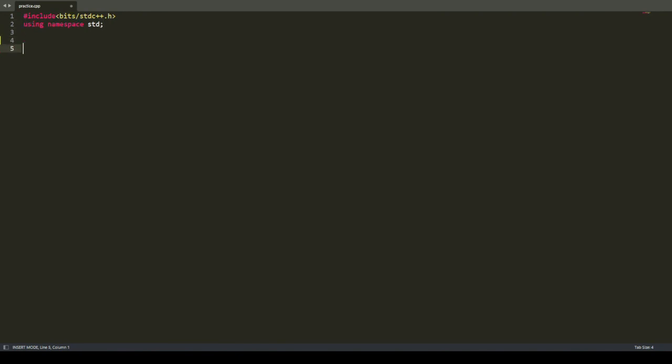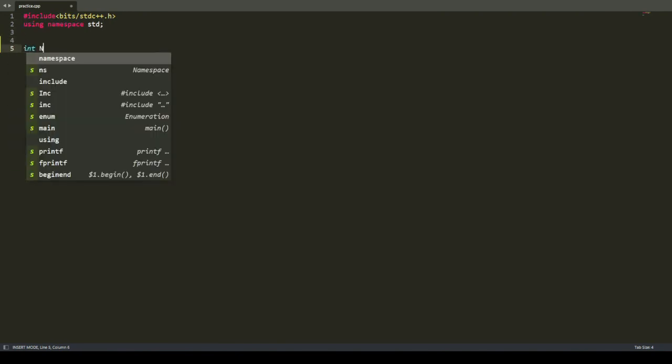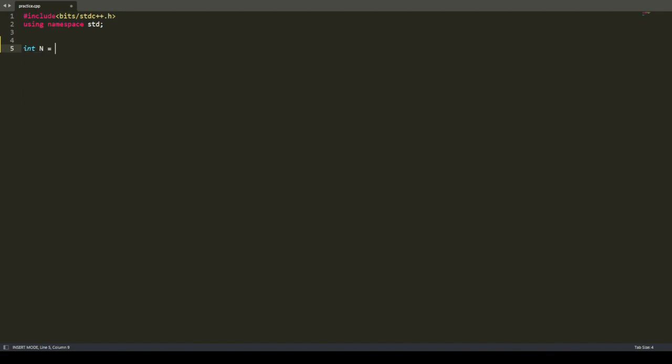First of all, we declare the size of the adjacency list. It would be 1e3, 10 raised to the power 3. Simple.